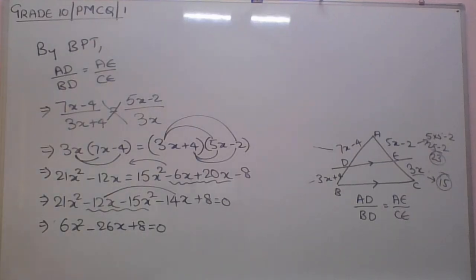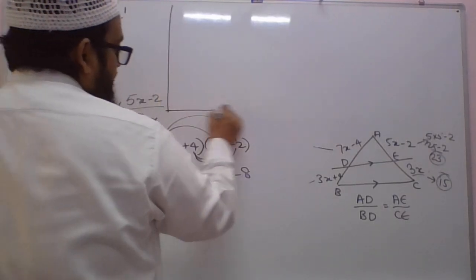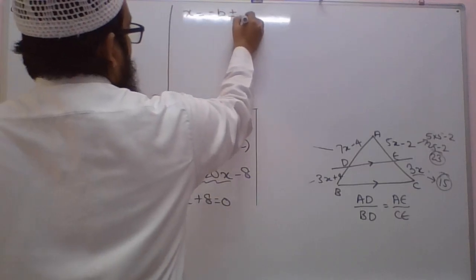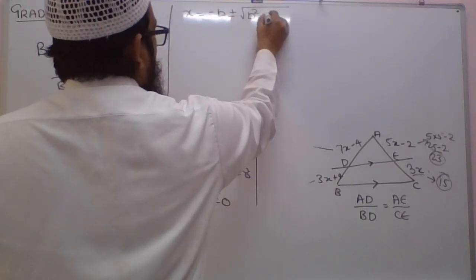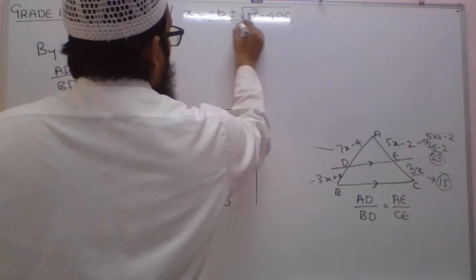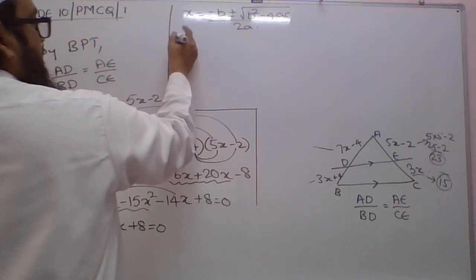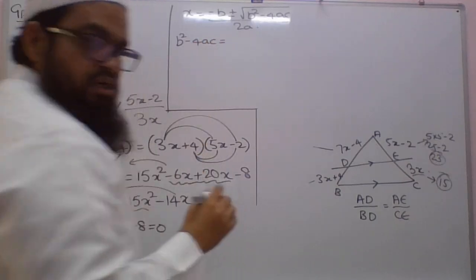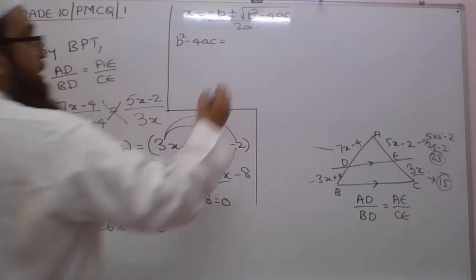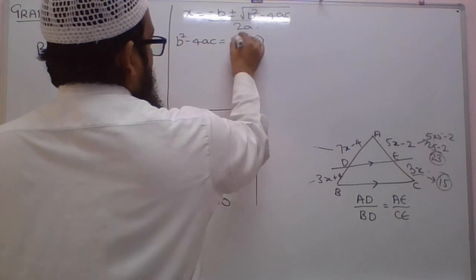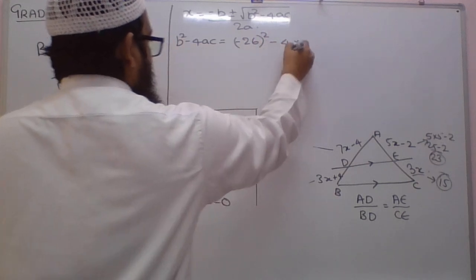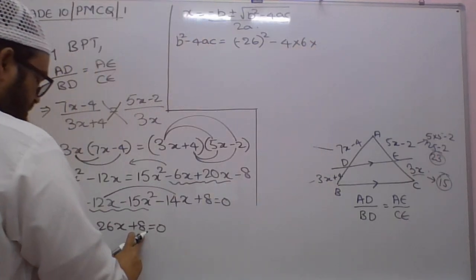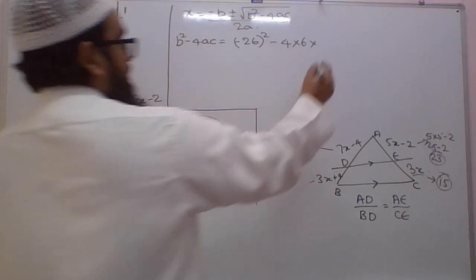So let us solve the quadratic equation by the formula x is equal to minus b plus or minus square root of b square minus 4ac divided by 2a. But before doing everything, I just want to compute b square minus 4ac first. So what is b square? Minus 26 whole square minus 4 times what is a? 6. And what is c? 8.